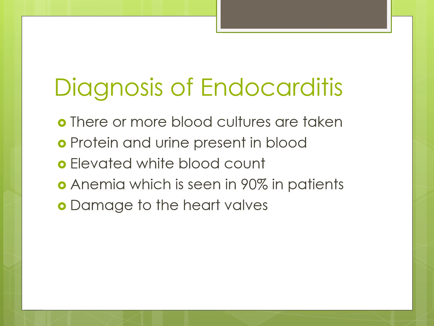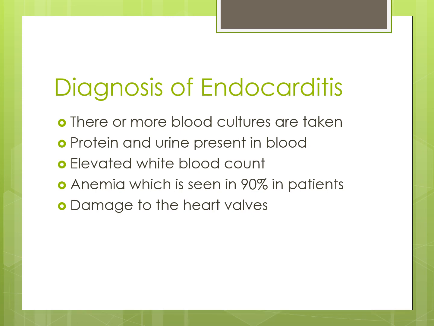Protein in your urine, which is mostly seen in the blood, shows up in about 50% of the people infected with endocarditis. Again, a white blood count over 10,000. Anemia is seen in 90% of the patients, as is damage to the heart valve related to rheumatic heart disease.